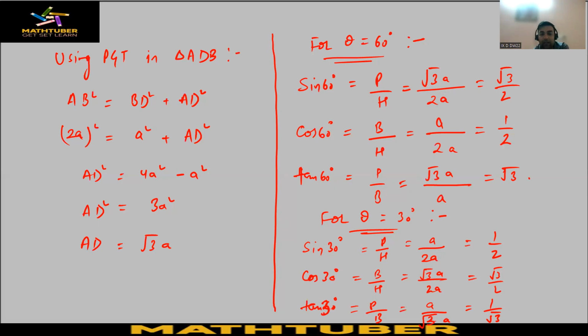So this is how we can find out the trigonometric ratios for the specific angles 45 degree, 60 degree and 30 degree. Now comes 0 degree and 90 degree.